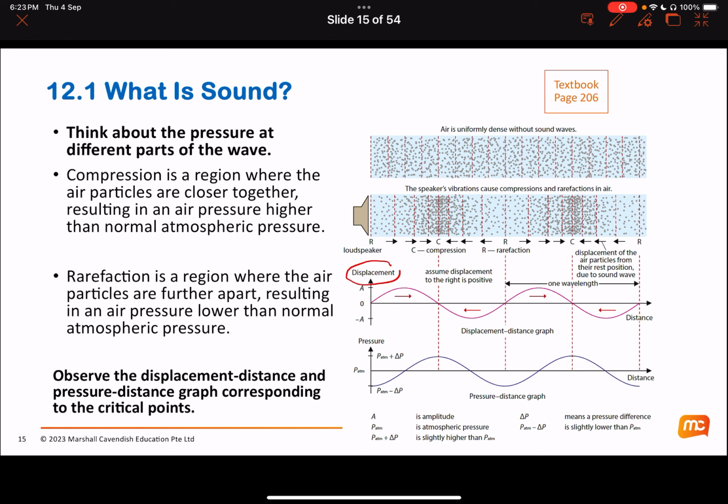Okay, we can draw the displacement distance graph.